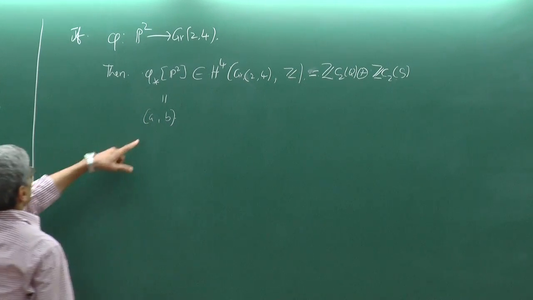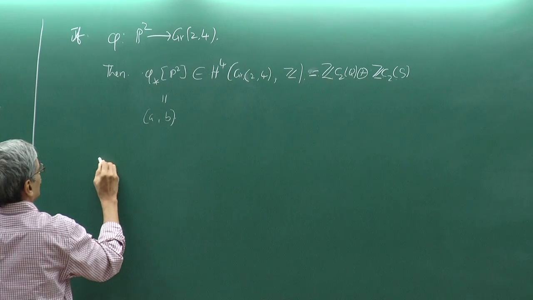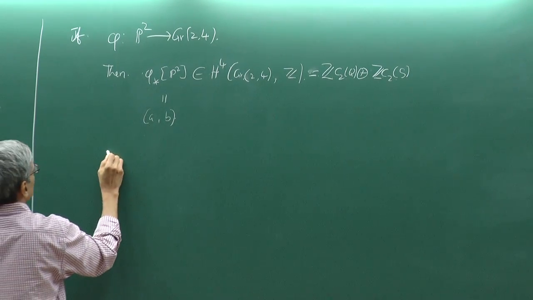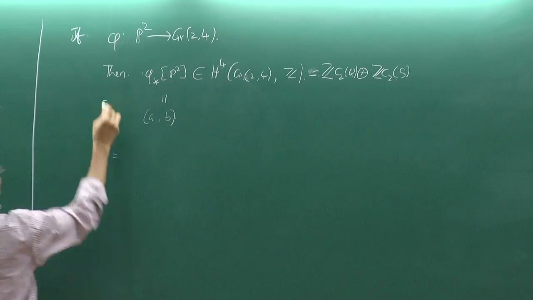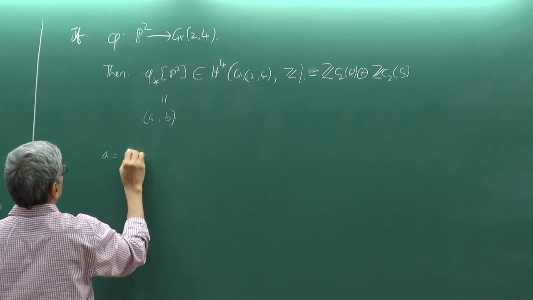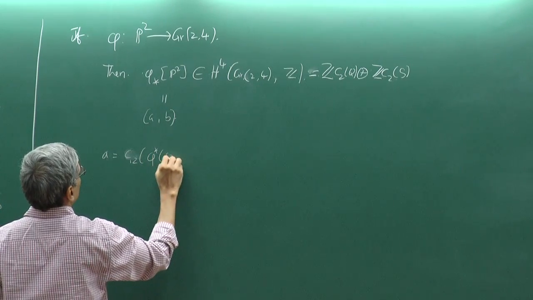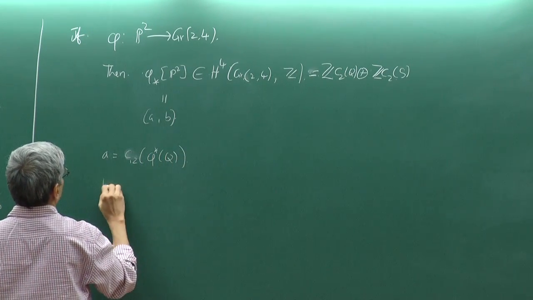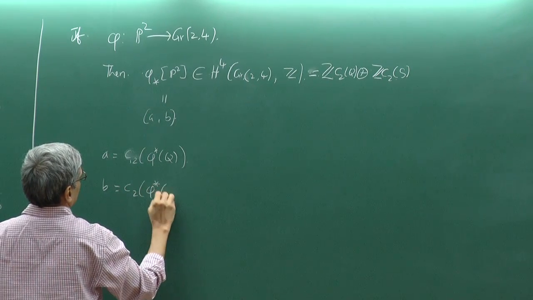In fact, A is the second Chern class of phi star of Q, and B is the second Chern class of phi star of S.